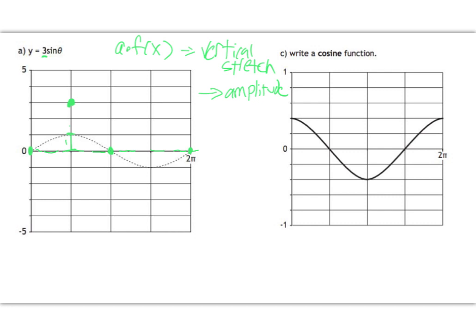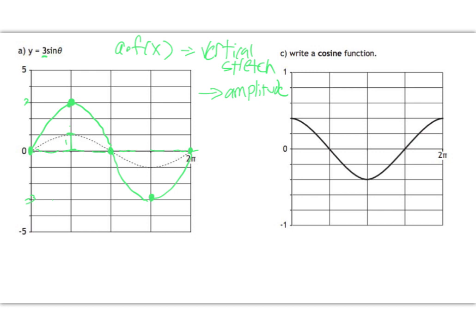For mother functions, that's always where we start. I'm multiplying the max and the min by 3, so we're going down to negative 3 and up to positive 3. This gives me a graph shape that's 3 times as tall as my graph originally was, and at this point, we're done.